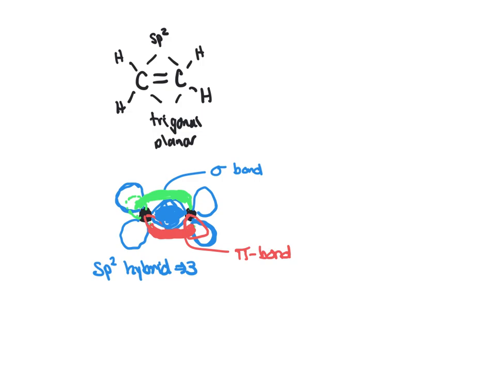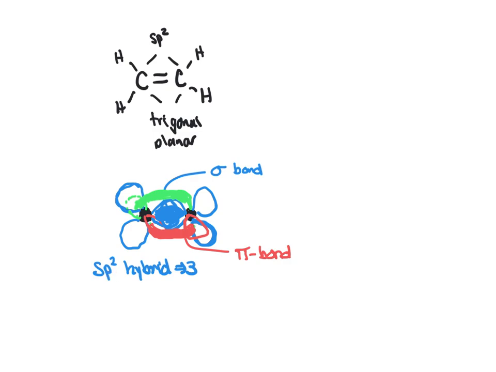So remember that the Greek letter pi is the analogy to the Latin letter P, and that the Greek letter sigma is the analogy to the Latin letter S. So S, sigma, is sort of spherically symmetric, just like an s orbital would be.